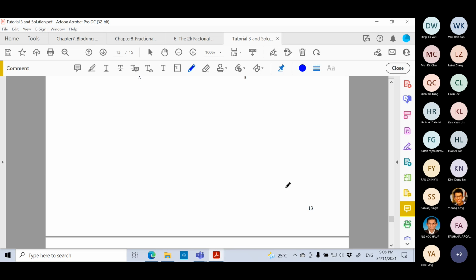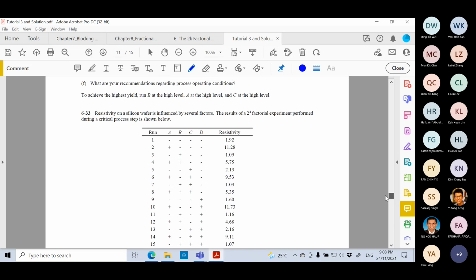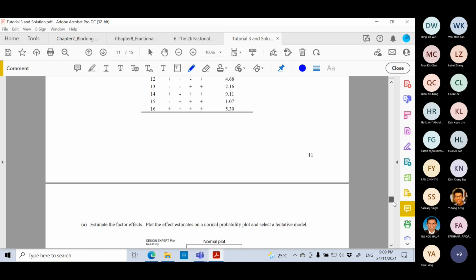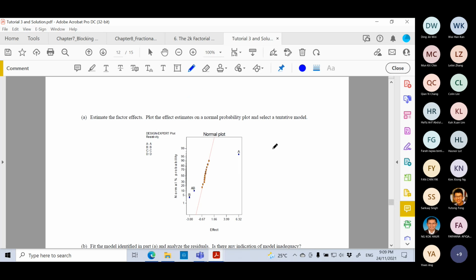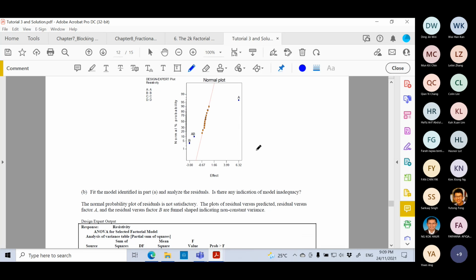I can say a lot of people just get the result, put the data in the software, analyze it, come out with this result, and just accept it. But they don't care about whether the residuals have fulfilled the assumptions or not.